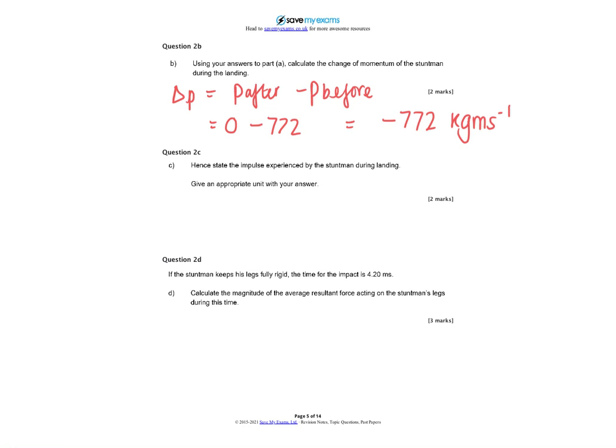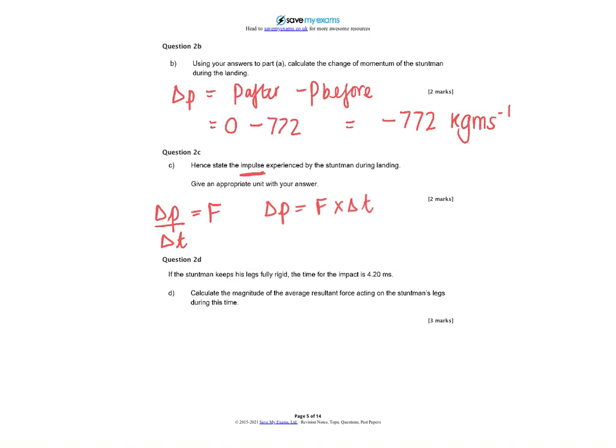Question 2C, calculate the impulse. So impulse is a word that we don't need to use in WJEC. It just is another word for the change in momentum, basically. But if we're talking about impulse, we tend to use this other equation. Change in momentum divided by change in time equals F. And that can be rearranged to give change in momentum is force times change in time.